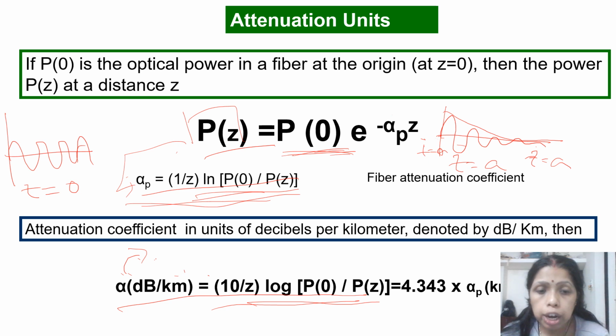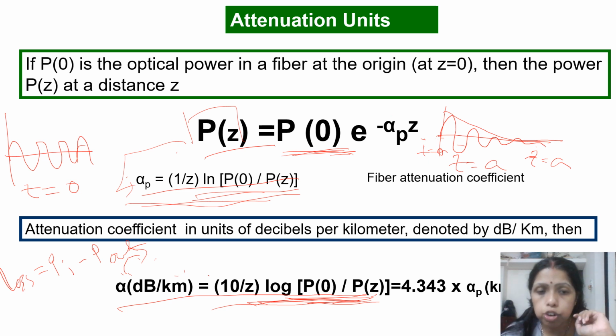If you remove the dB concept, the loss is equal to P input power minus P output power. If you take the dB, then instead of P in you have to write log P in minus log P out. The loss in dB is equal to log P in minus log P out, which is the log of P in by P out, so 10 log of P in by P out.